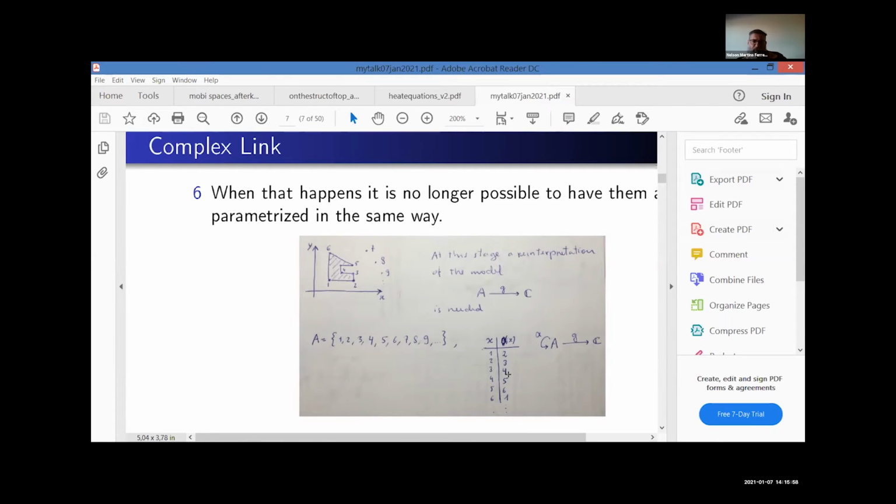So the number 1 goes to number 2, number 2 goes to number 3, number 3 goes to number 4, 4 goes to 5, 5 to 6, and 6 comes back to 1. Okay, this map alpha is called the transition map, and it allows to isolate components.